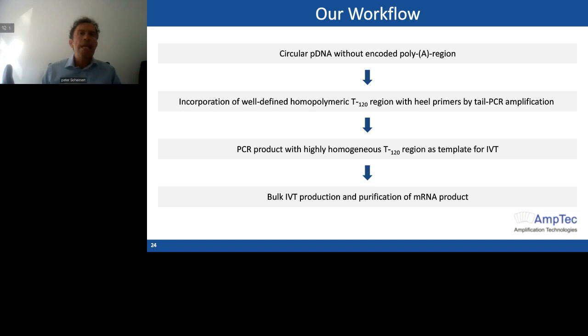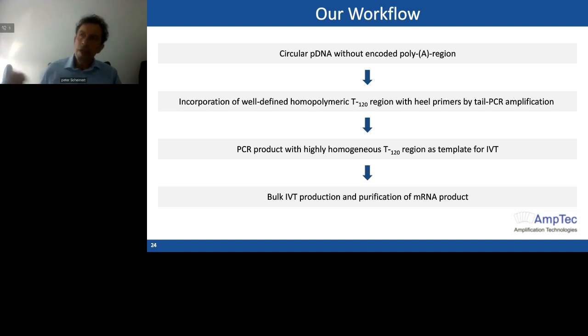This is a very important aspect, but again, I don't want to focus so much on the technical aspect in this presentation. We are introducing a homopolymeric T120 region by the so-called fill PCR. This will be the later poly-A tail, which means that we have a highly homogeneous PCR product for mRNA production for the IVT.